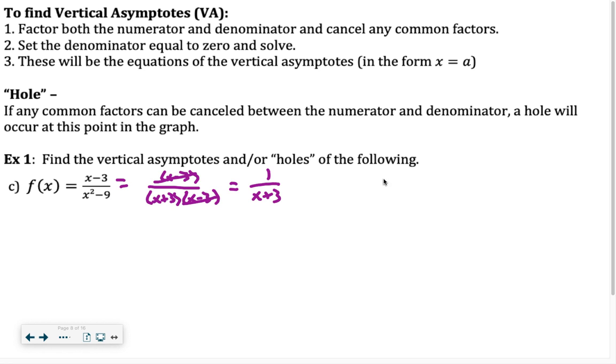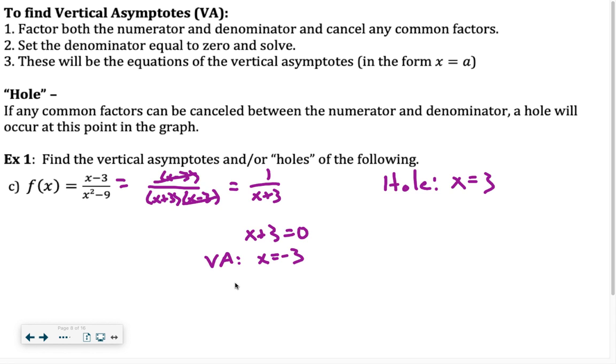So what that means, let's make a note before we forget, that there is a hole at x equals 3. Now, we can set the denominator equal to 0 to find vertical asymptotes. So just subtract the 3 over and we'll get x equals -3. So in this example, we have a hole and a vertical asymptote.